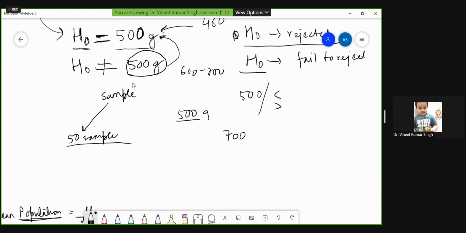And suppose that person says the brick weight is more than 500 gram. In his chimney, the brick that he made is always more than 500. Now, to reject that hypothesis, there is only one way. You have to show that the average weight of the bricks is less than 500. Significantly less than.